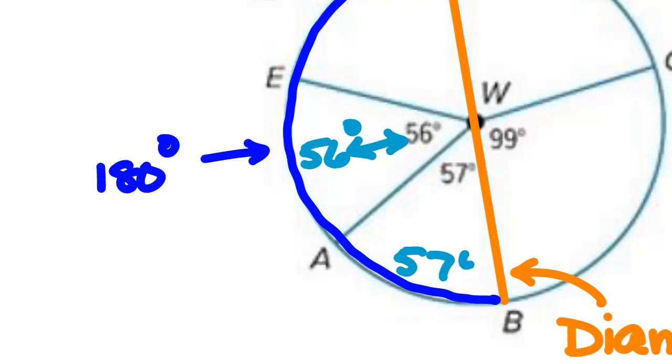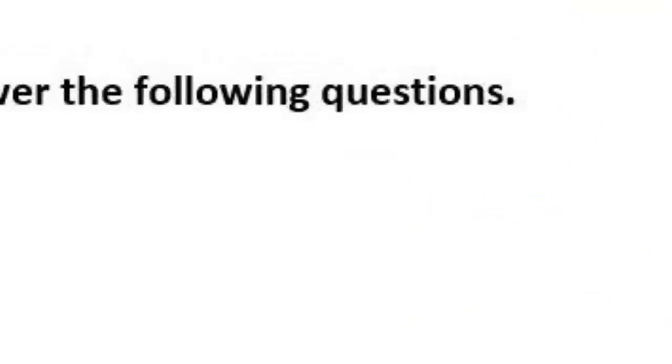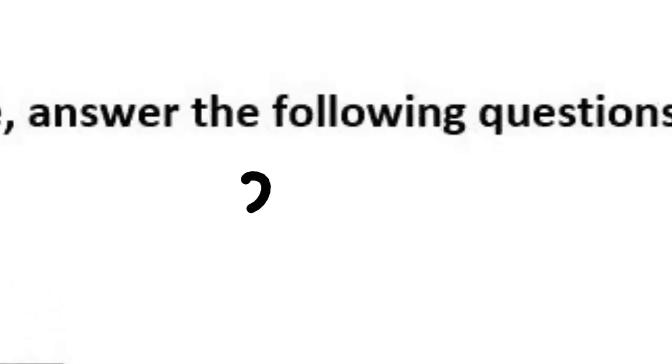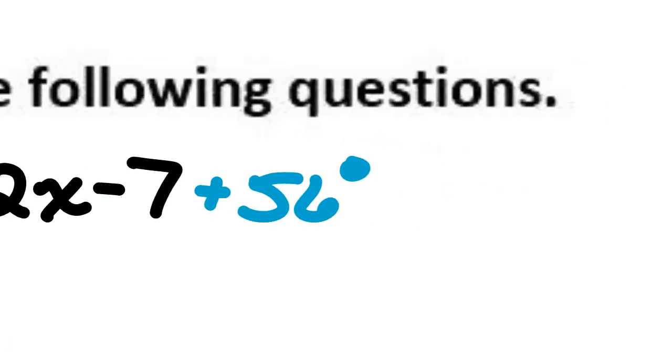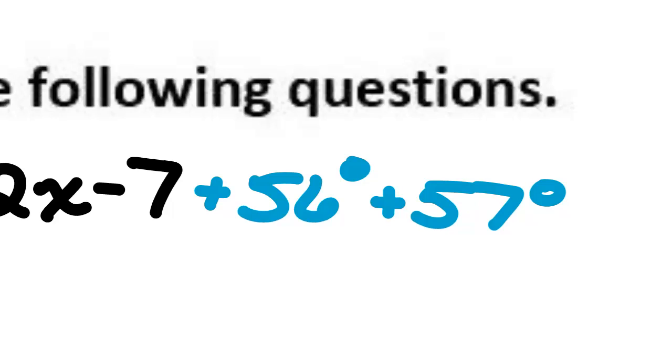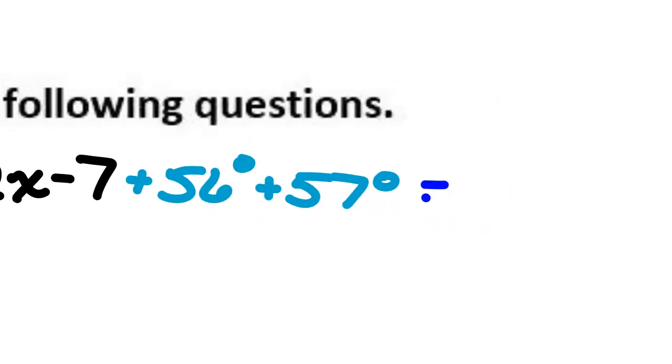And arc AB is 57 degrees because, again, it is the same measure as its central angle. So I know if I take 2x minus 7, that arc up there that is DE, plus 56 degrees, plus 57 degrees, that should all add up to how much? 180.